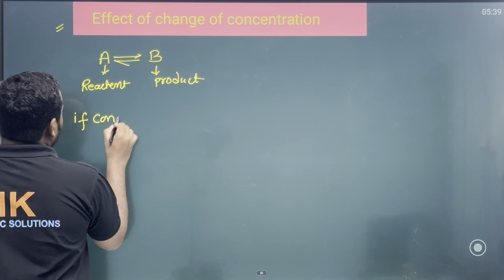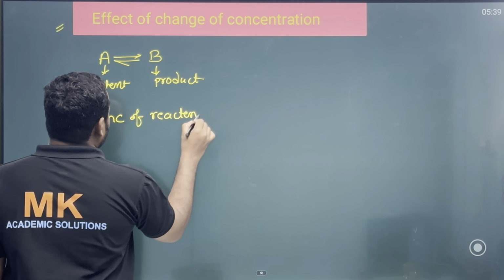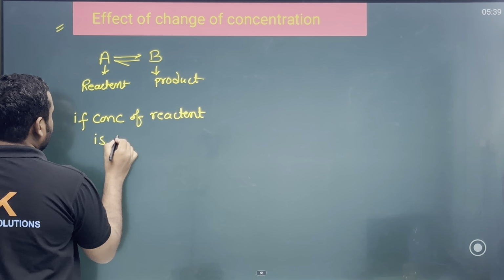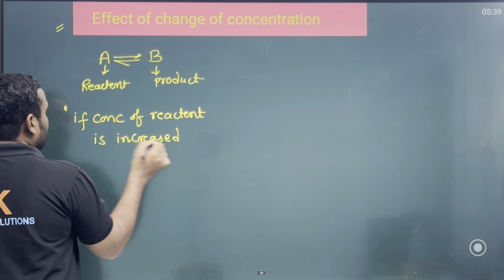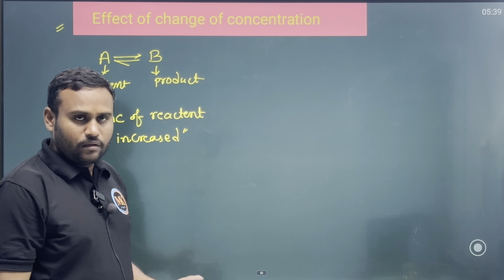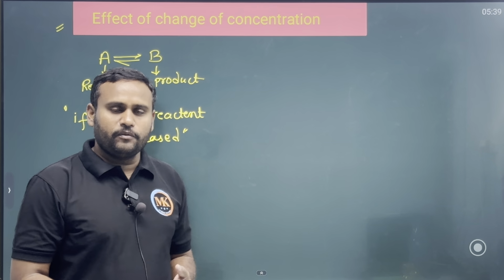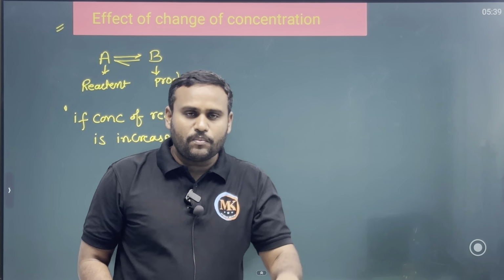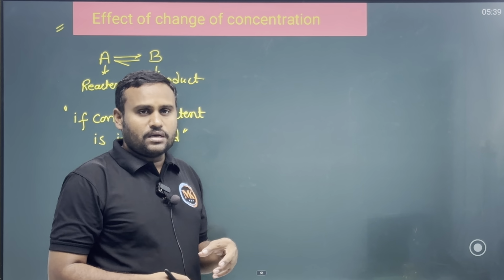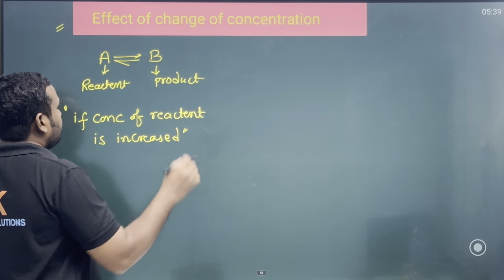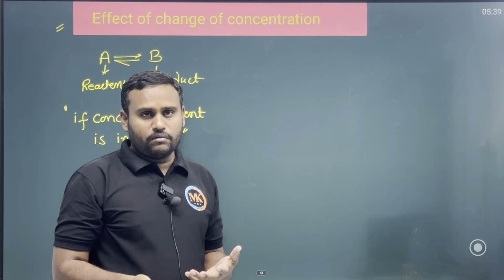After establishing equilibrium, if the concentration of reactant is increased, how can we increase the concentration of reactant A? Simply add reactant A. Already equilibrium is present, so we need to add some amount of A, which increases the concentration of A. So the concentration of A is more when compared to the equilibrium state.